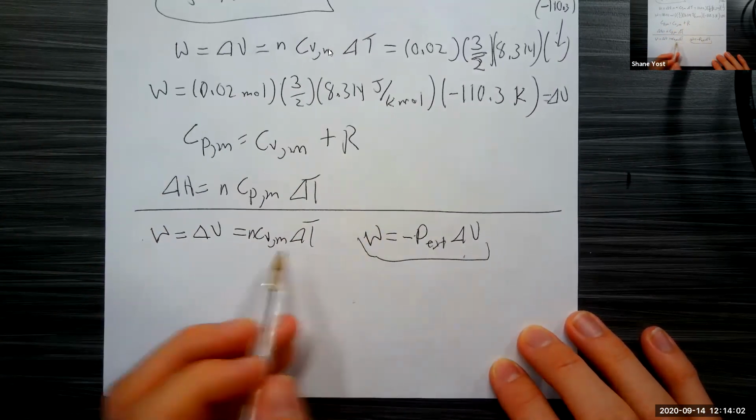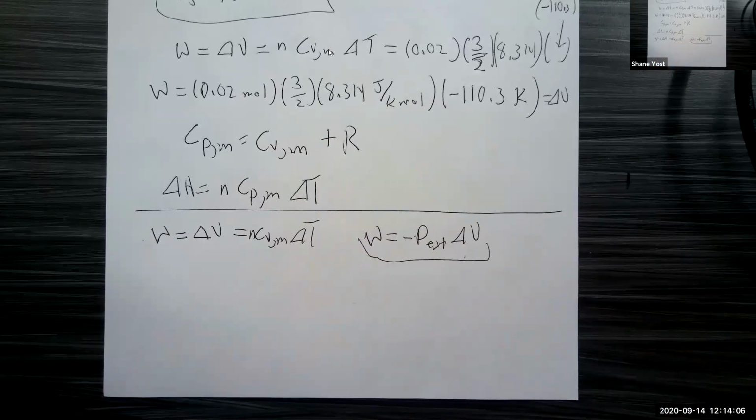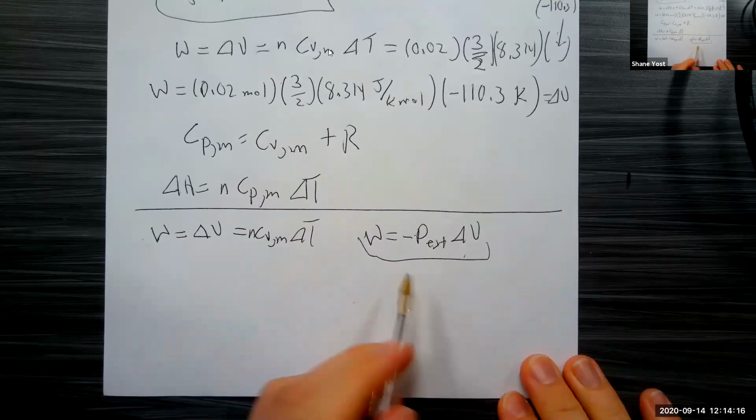And I'm going to want to use this equation because I don't know what my final temperature is. We're not really given the final temperature in this expansion. We don't necessarily know what it might be, but we are given the external pressure and the change in volume, so I can calculate work this way.